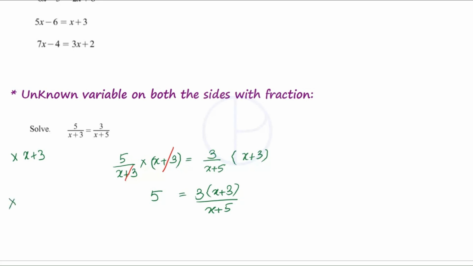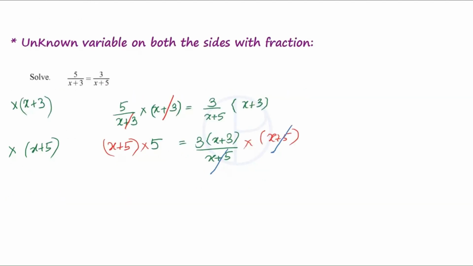So multiply by x plus 5 on both the sides. Here these two gets cancelled. So we get x plus 5 times 5, which is equal to 3 times x plus 3.